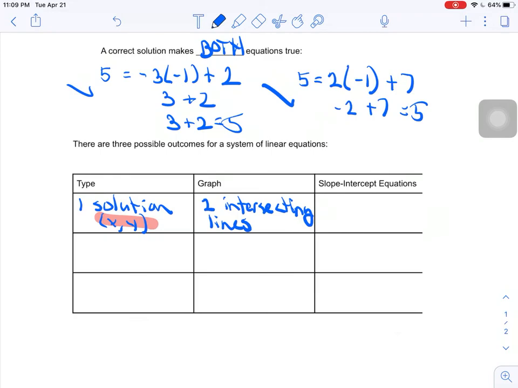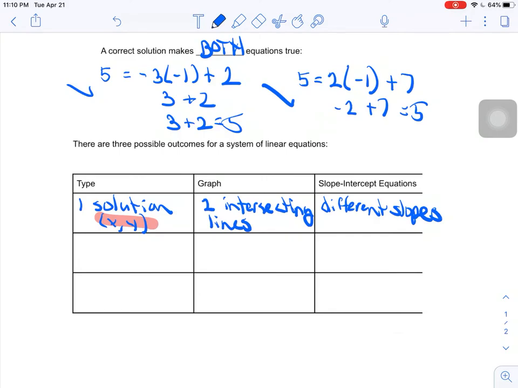So a way you could tell just by looking at the equations what's going to happen is if your equations have different slopes, then you know you're going to have one answer somewhere, because different slopes means they're going different directions, and if they're going different directions, they're going to meet up somewhere. So that was one type.